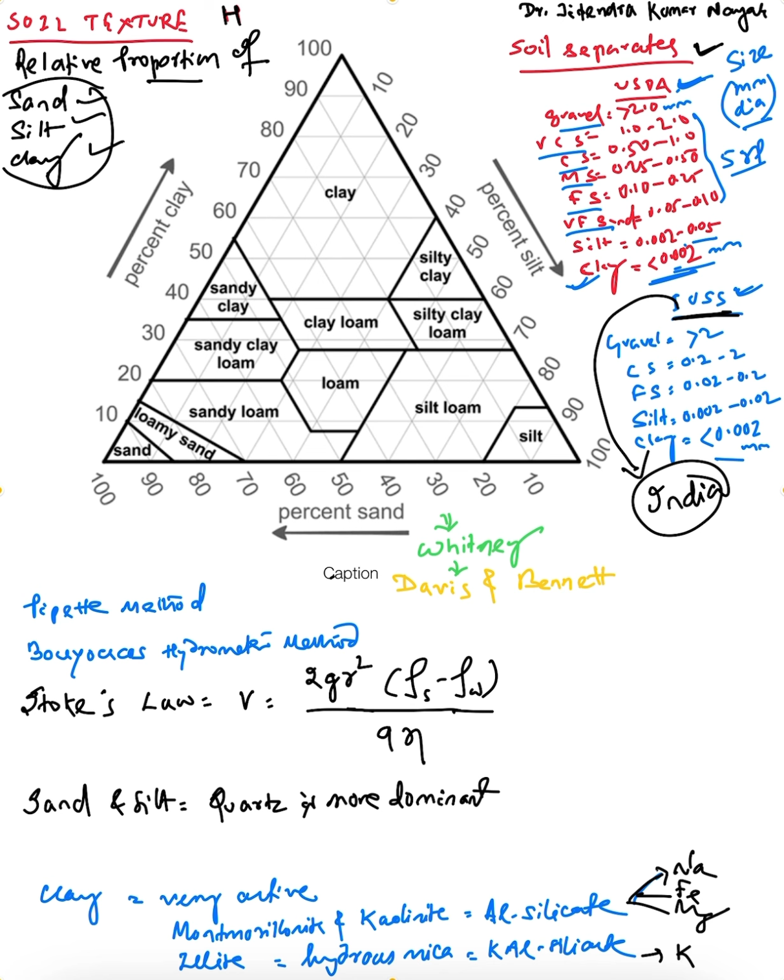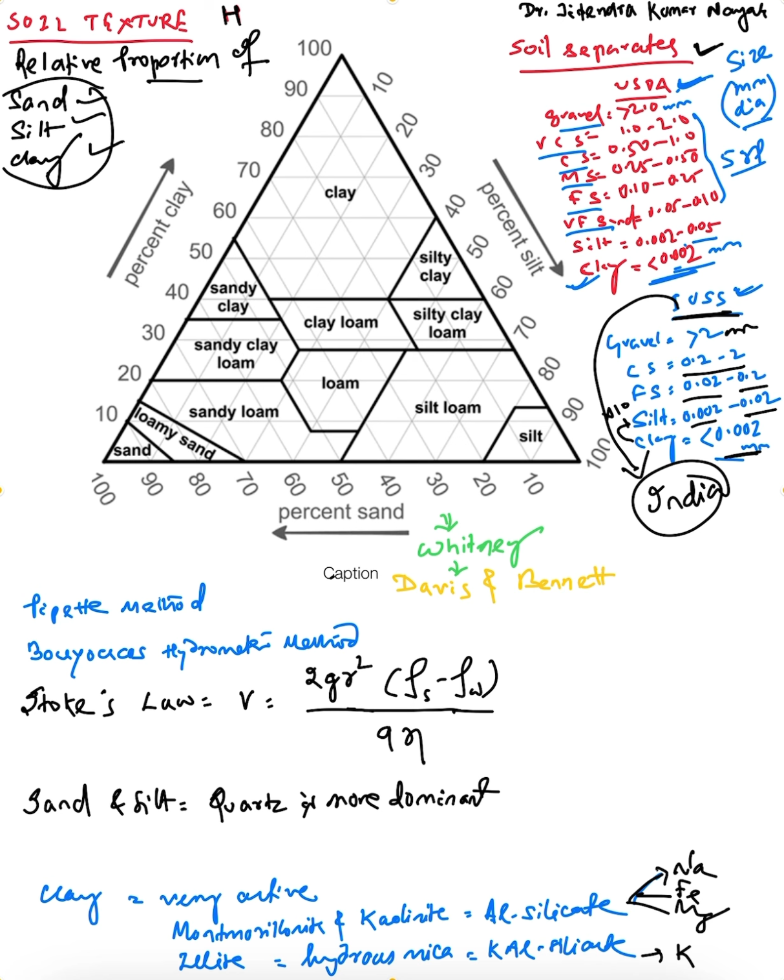Here the clay particle size is less than 0.002, then just multiply by 10: 0.002 to 0.02 is silt, then 0.02 to 0.2 millimeter is fine sand. Then 0.2 to 2 is coarse sand, and if it is more than 2, it is called gravel.